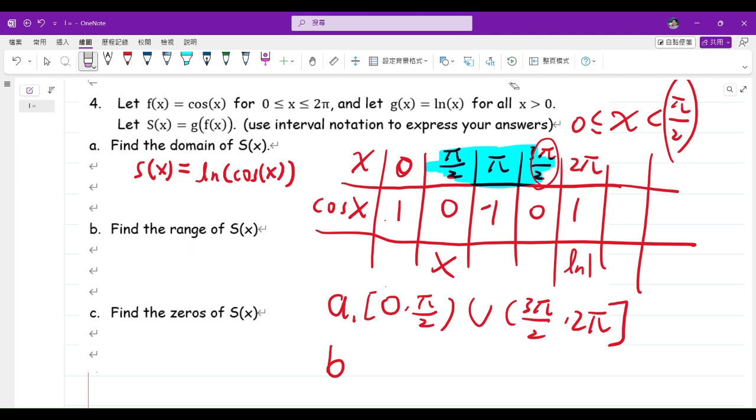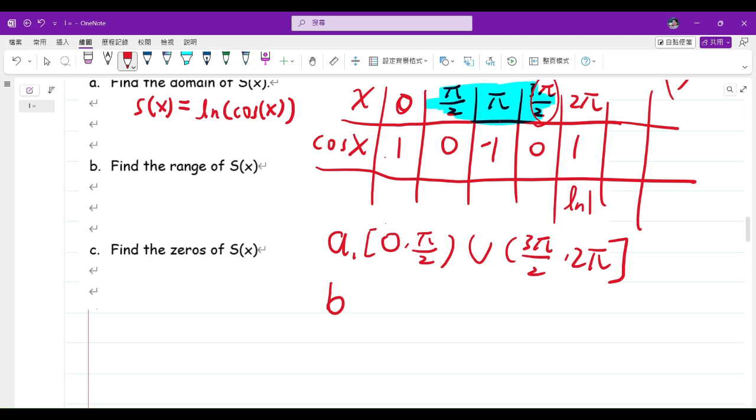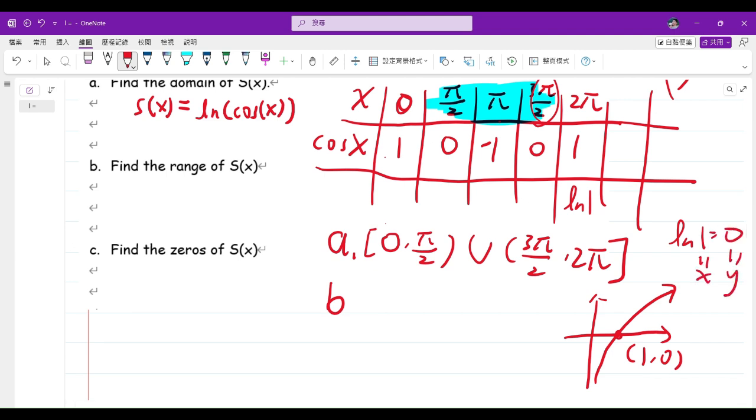How about the range for S of x? Okay. So you must think about the graph of ln x. ln x is like this. It goes through the point (1, 0), because ln 1 equals 0. When x equals 1, y equals 0.